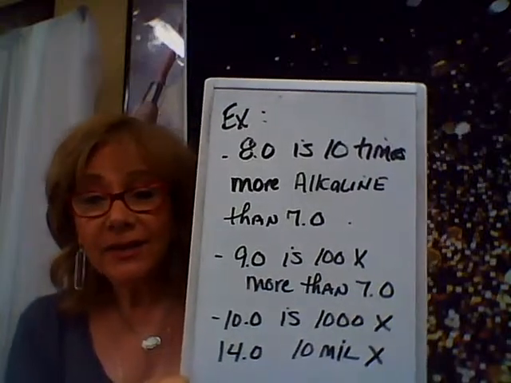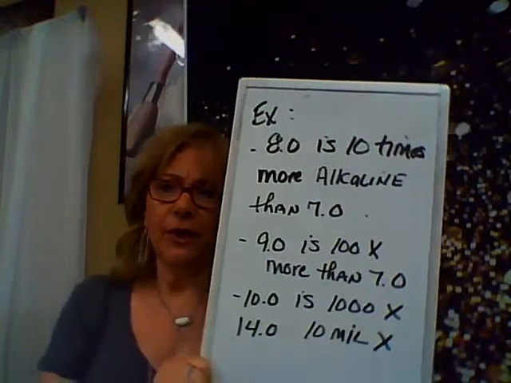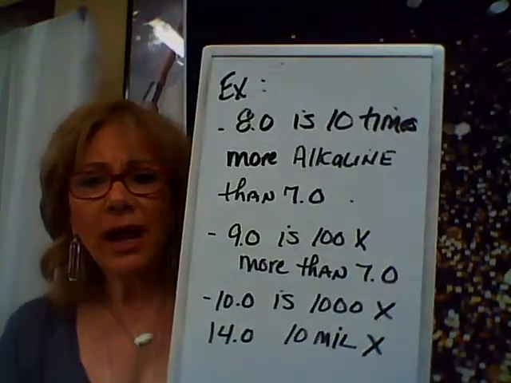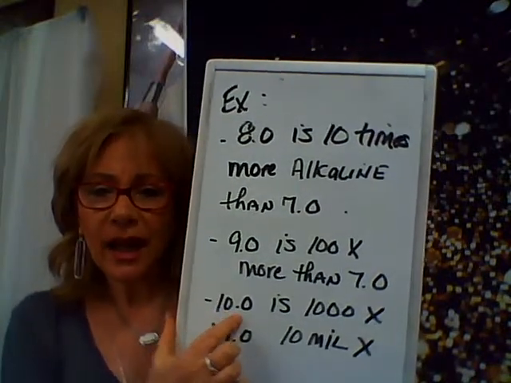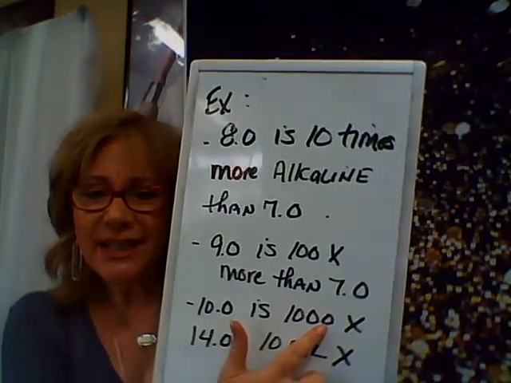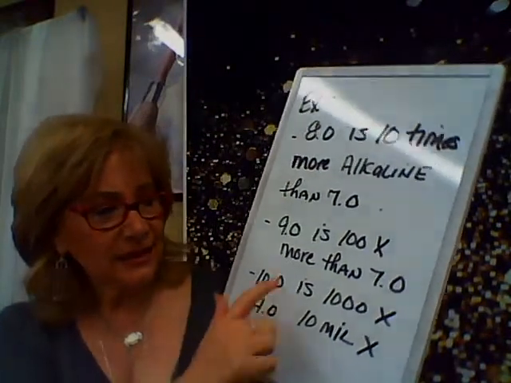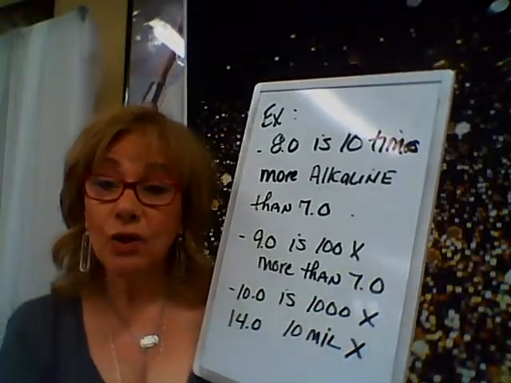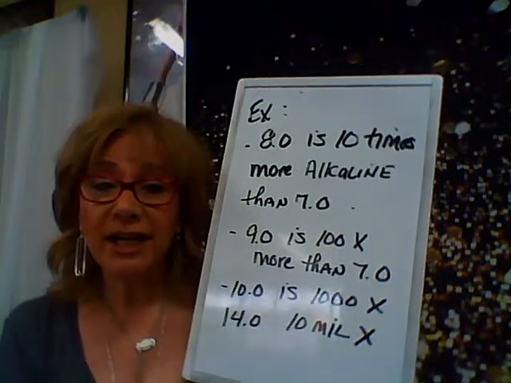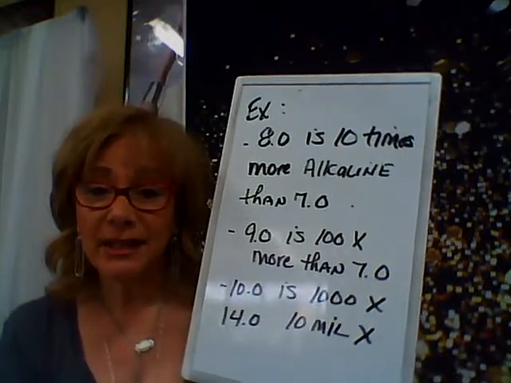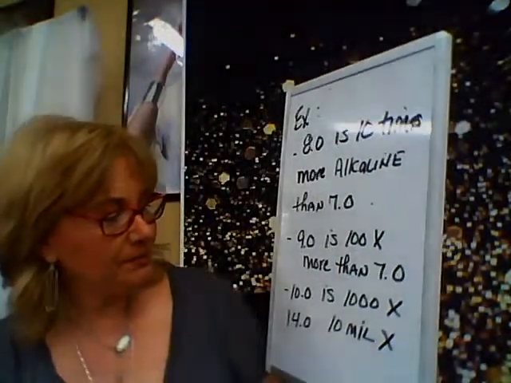So when you tell someone, oh, chemical relaxer is 10 to 12 on the pH scale, you're talking 1,000 times 10. So what's that? 10,000, or is it 100,000? It's 100,000, isn't it? Yeah, well, something like that.